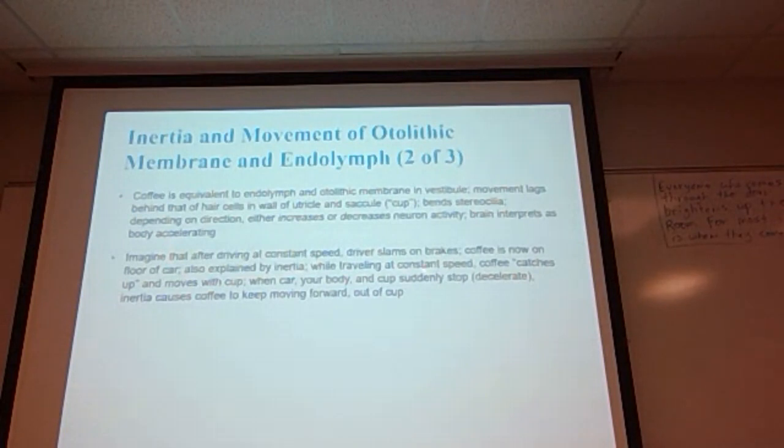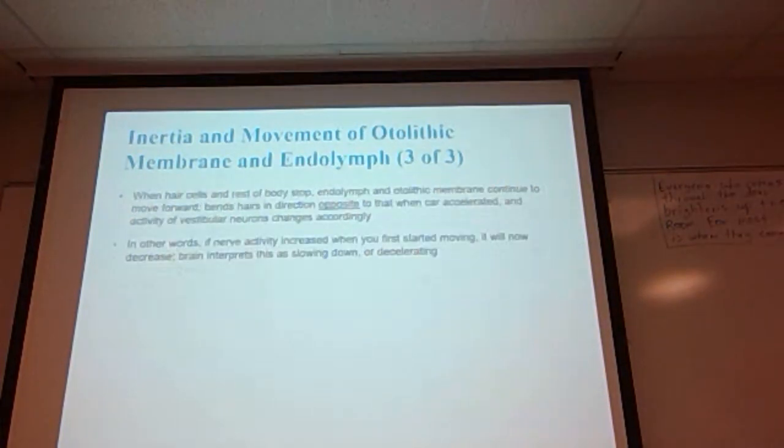While everyone's traveling at constant speed, and then you slam on the brakes, the coffee catches up with the cup. When the car, your body, and the cup suddenly stop, inertia causes the coffee to keep moving forward and out of the cup. So when the hair cells and the rest of the body stop, the endolymph and otolithic membrane continue to move forward.